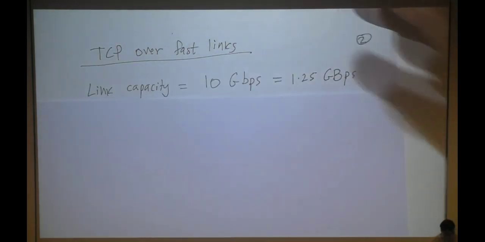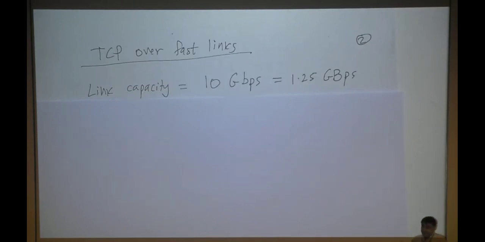Let's say I have a link capacity of 10 gigabits per second. I can convert that to bytes by dividing by 8, because there are 8 bits in 1 byte.